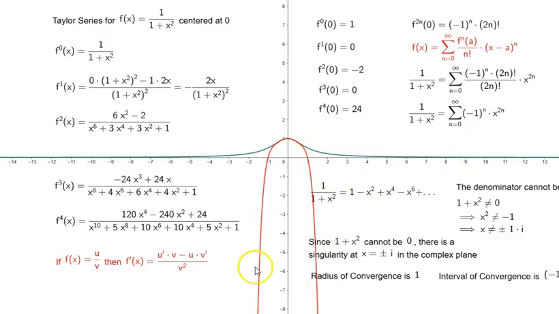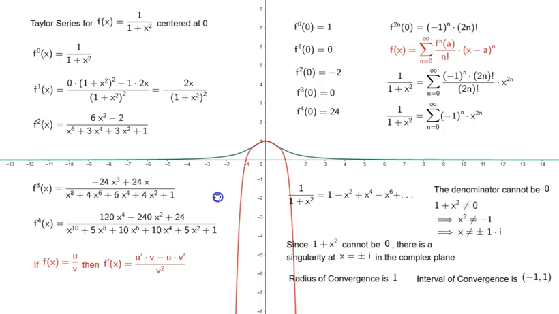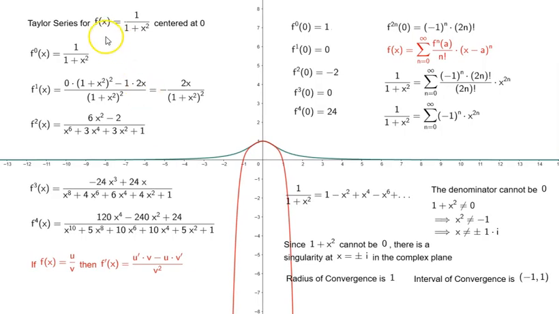It diverges from the function. So only between minus 1 and 1 will it converge. That is the Taylor series for f of x equal to 1 by 1 plus x square centered at 0.